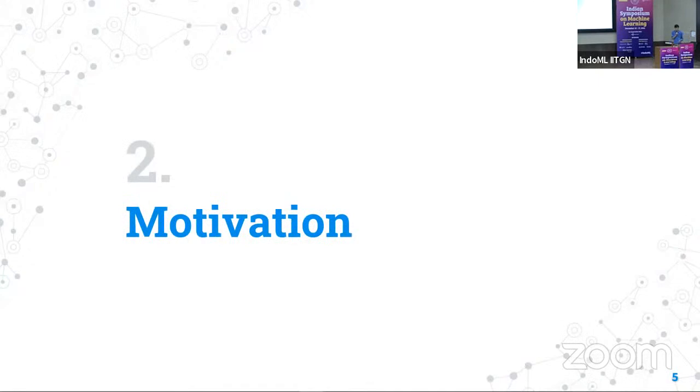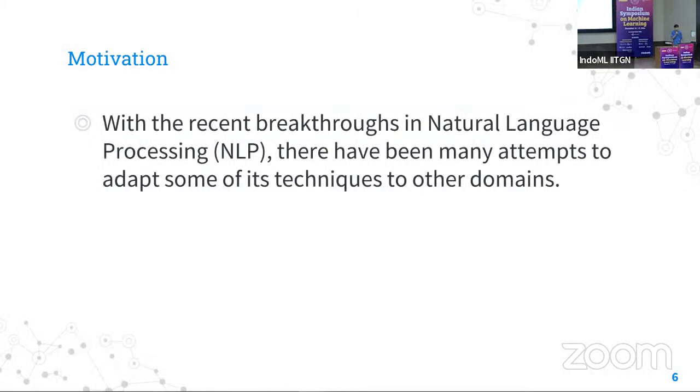I'll next go over the motivation for my particular solution. With the recent breakthroughs in NLP, there have been many attempts to adapt some of its techniques. That is why we see the use of transformers in image tasks in recent times.